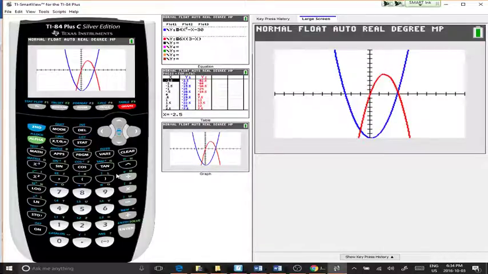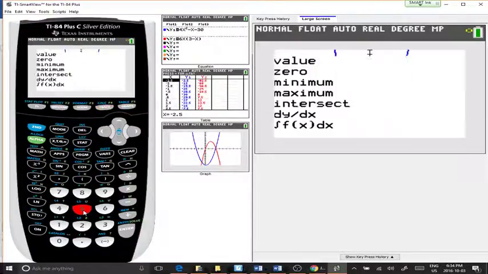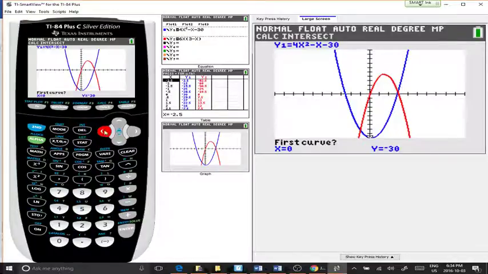This one here, and this one here. So you just have to find both of those points. And of course, how we do that is using the intersect tool. So second, calc, intersect, and we're kind of down towards the bottom one, so just go enter, enter, enter.